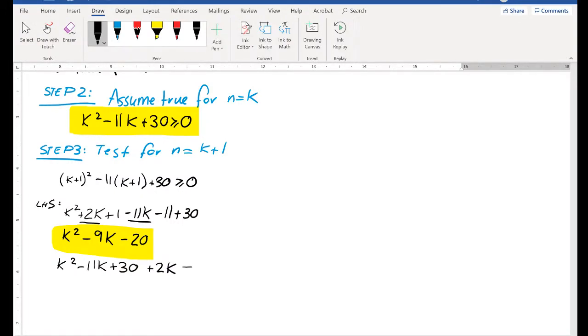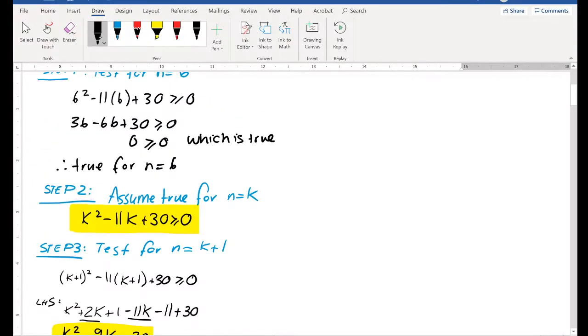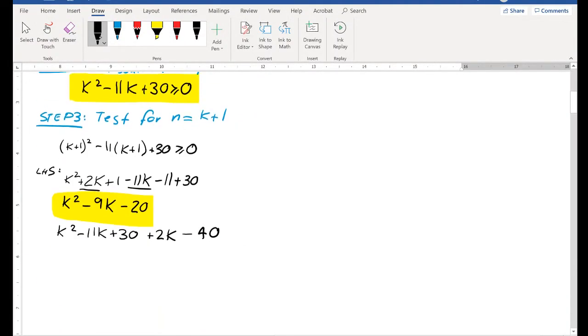Okay, sorry, I've just made a mistake in my notes. Let's go with this then. Just checking I haven't made any mistakes by expanding. And the question was plus 30, wasn't it?